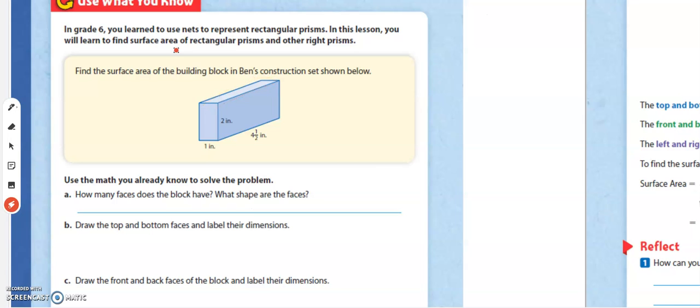And so the first question is, how many faces does the block have? It's got one there, another one there, a third one in the back, a fourth one on the bottom, a fifth one on the top, and the sixth one that you just can't see, so it's got 6. And like I said before, they're all rectangles.